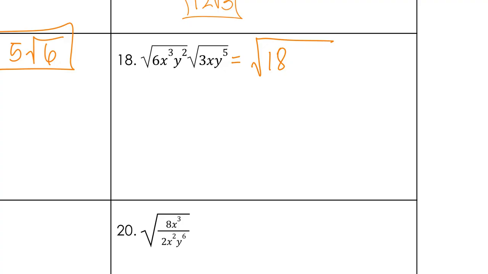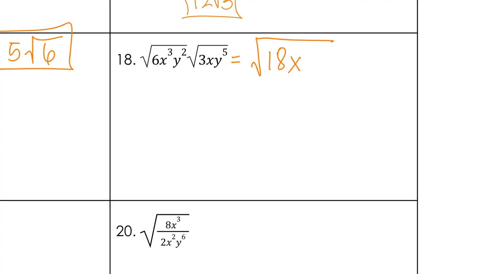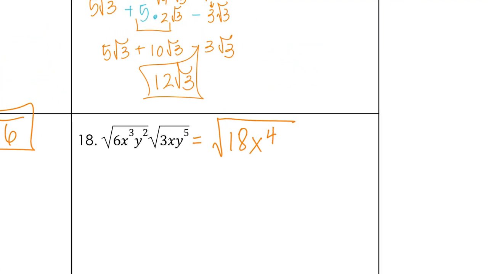X cubed times x to the first is x to the what? 4. Okay, y squared times y to the 5th is y to the 7th. Good, so remember our exponent rules as we're multiplying.